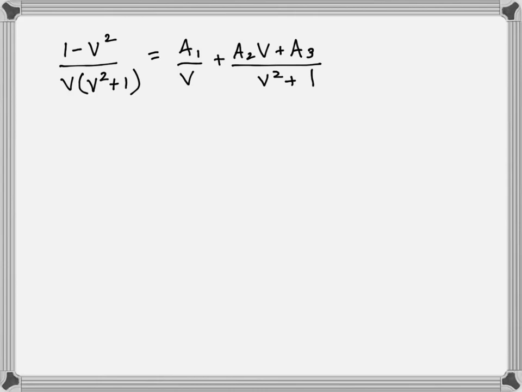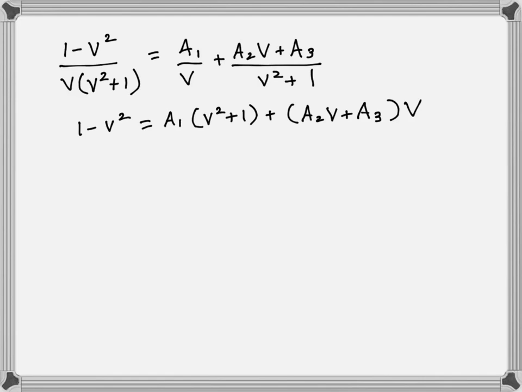So from here, we're going to multiply by the LCD, and we end up with the following. 1 minus v squared is equal to a1 times (v squared plus 1) plus (a2 v plus a3), all that times v.